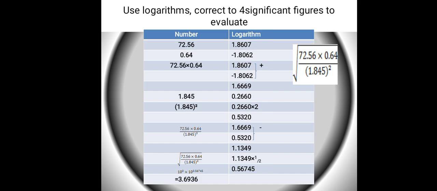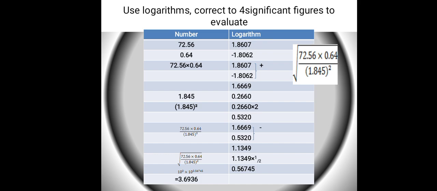Use logarithms correct to four significant figures to evaluate the square root of 72.56 multiplied by 0.64 all over the square of 1.845. The logarithm of 72.56 is 1.8607. The logarithm of 0.64 is 1.8062.